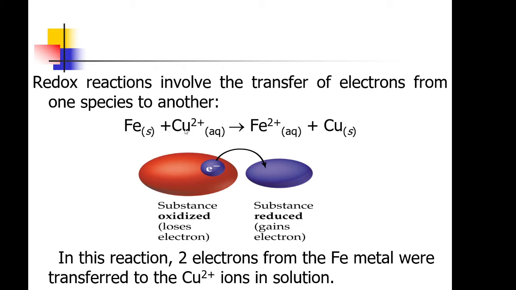Copper went from +2 to 0, no charge. How do I go from a positive and get to 0? I had to gain negatives. So copper gained electrons, so copper is reduced.